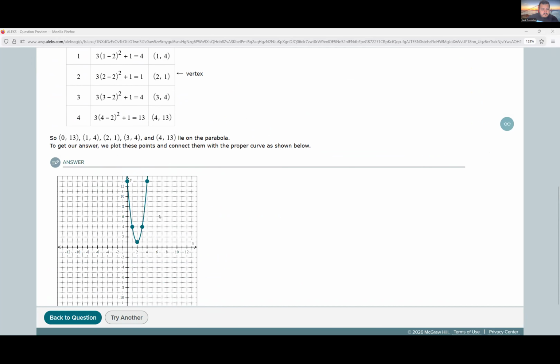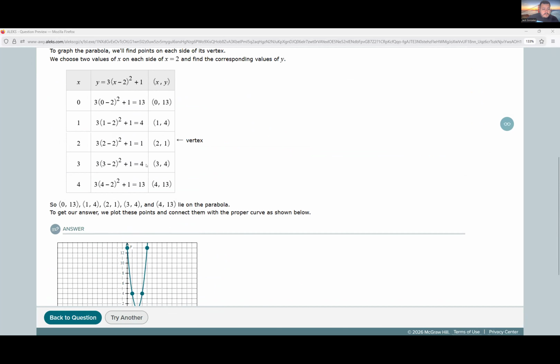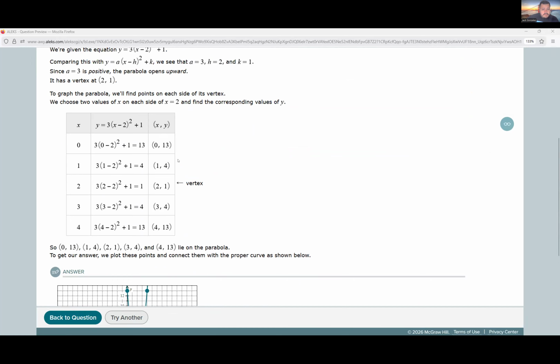Because when you start actually plotting it on here, if you get too far away, it shoots up real quick. You see how if you plug in 4, you're already about to get out of the grid. So what they recommend is find the vertex, which we just did, right? And pick 2 points, below and above. That's all.